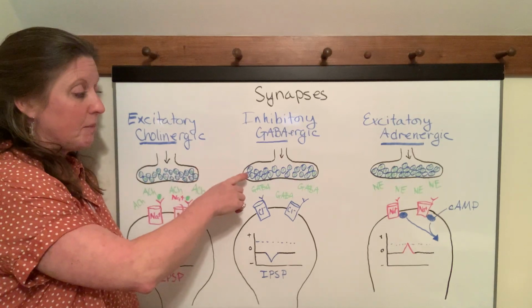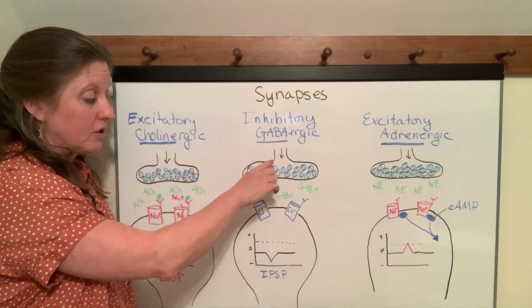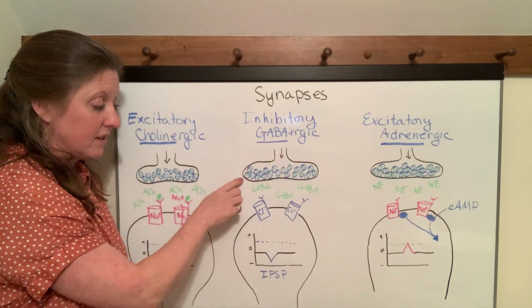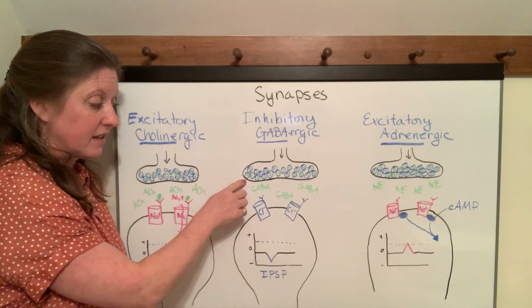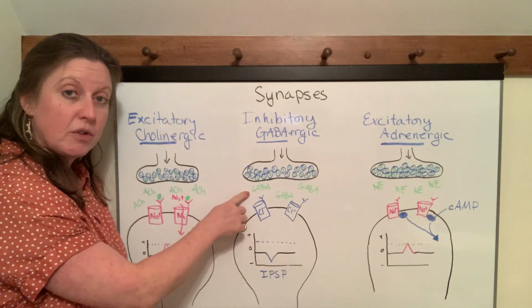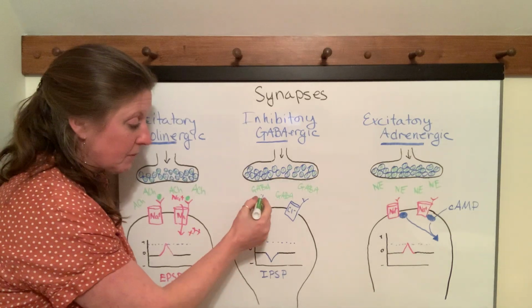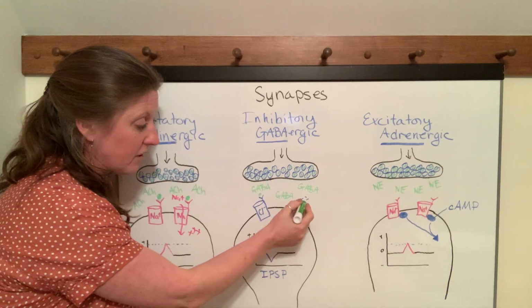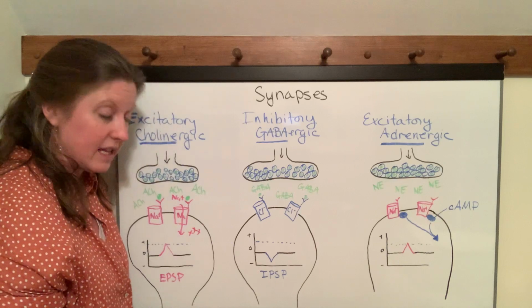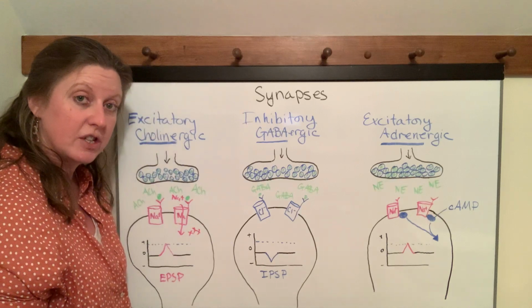In the next example, when an action potential arrives at the axon terminus, the vesicles release the neurotransmitter GABA. GABA binds to its receptors on ligand-gated channels. However, in this case, the channels are chloride channels.